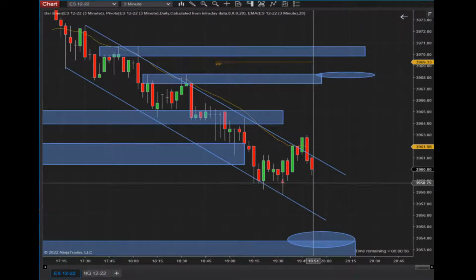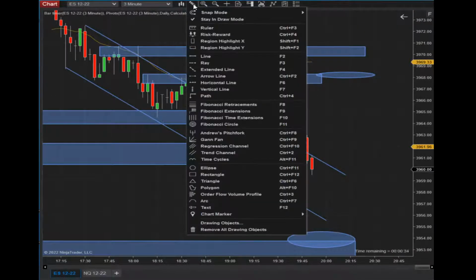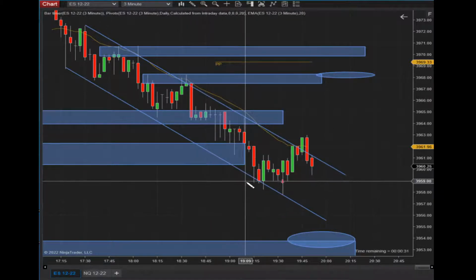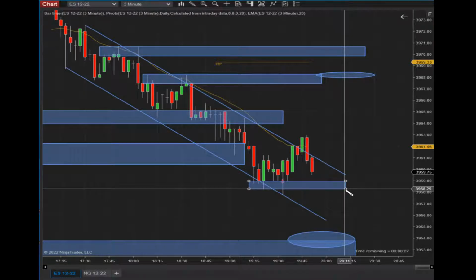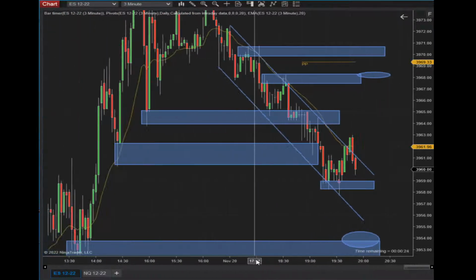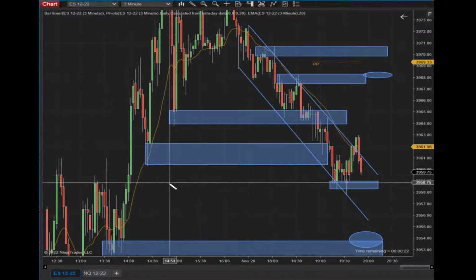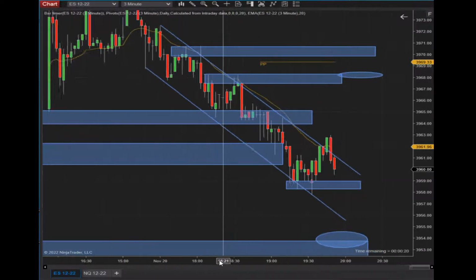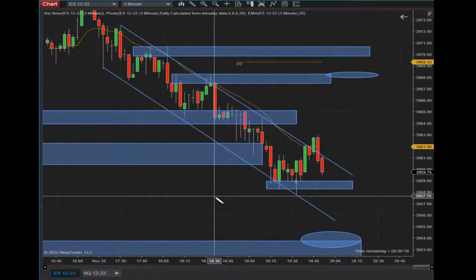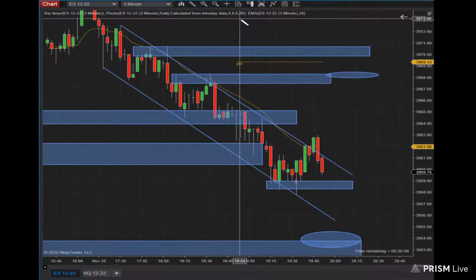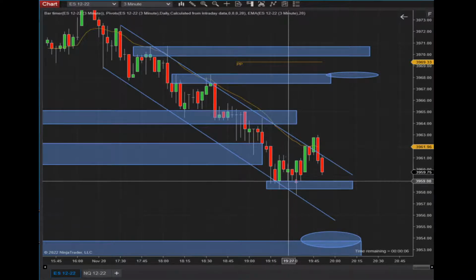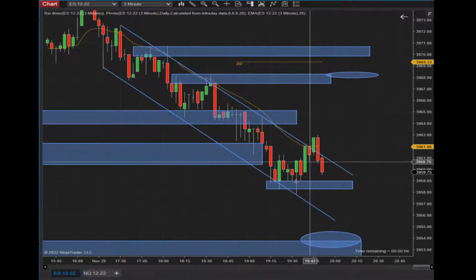Because right here, we've showed a lot of support. Wasn't really anything back here, but when it came down here, everybody started buying it back up.